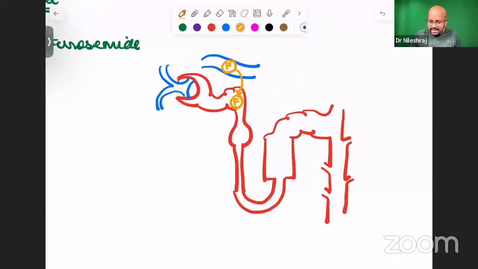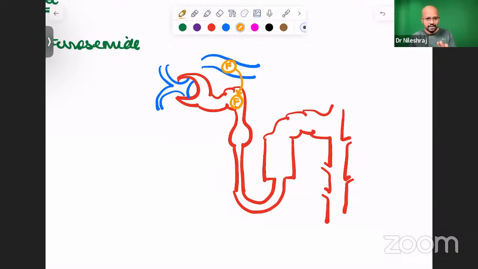Furosemide will gain entry inside the urine by tubular secretion, which means from the blood, it gains entry directly inside the proximal convoluted tubule. It is not dependent on the glomerular membrane for the drug to gain entry inside the urine. That's the reason, even if the patient's glomerular filtration rate is very much less, I can give furosemide. Furosemide will be the diuretic of choice in a patient with renal failure.